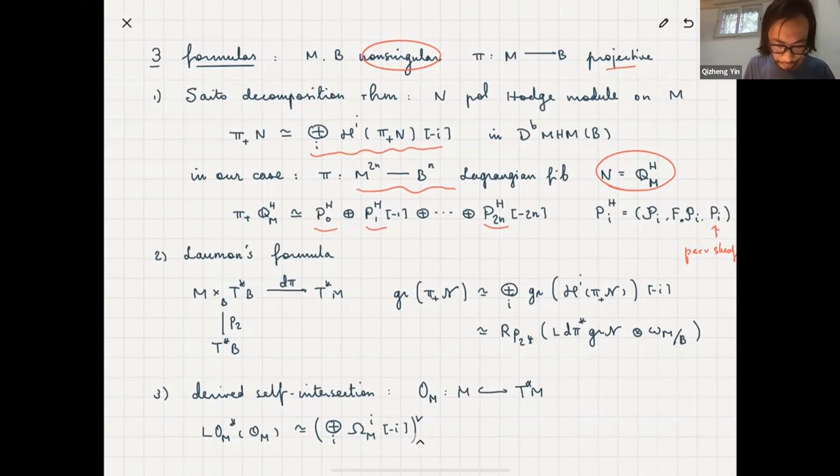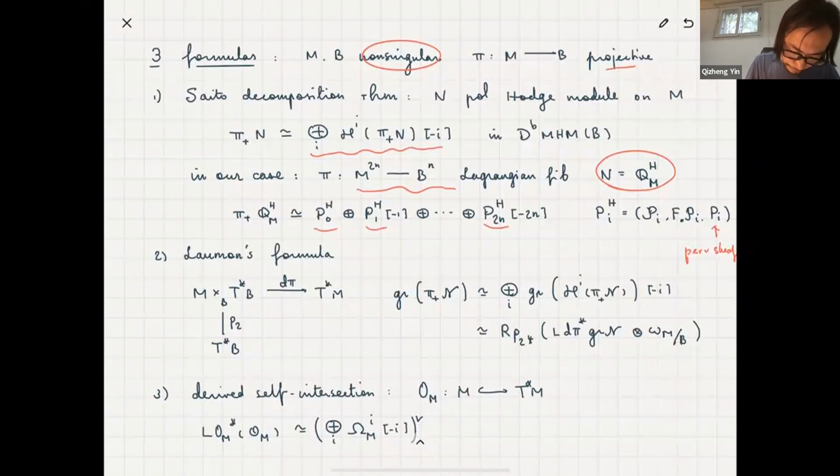The second formula is called Laumon's formula. It tells you how to compute the graded of the push forward of a Hodge module. So it basically tells you that pushing forward and taking graded pieces commute with each other. But the precise formula has to involve two maps.